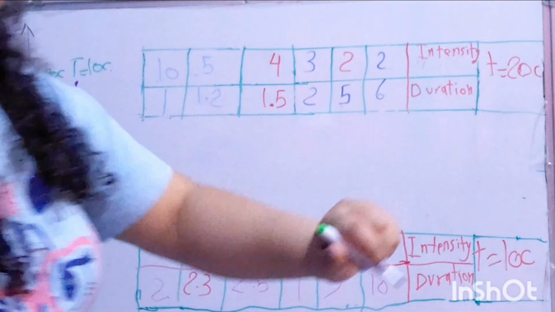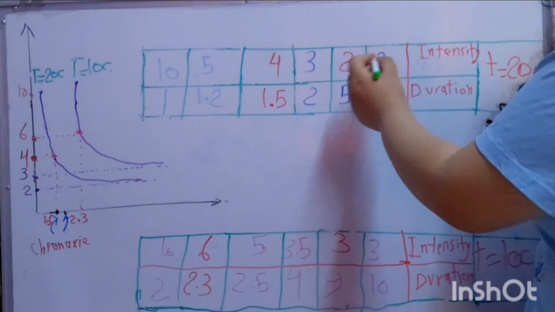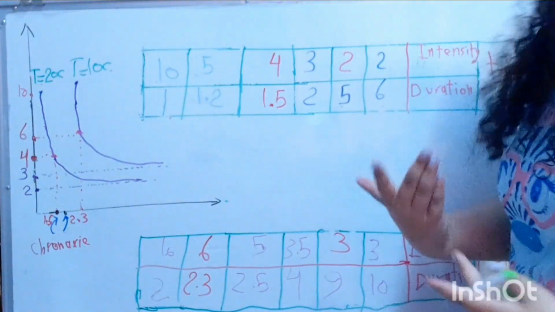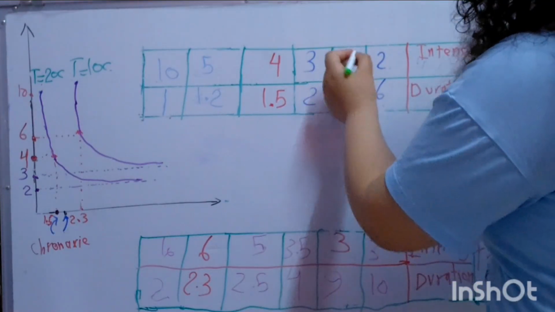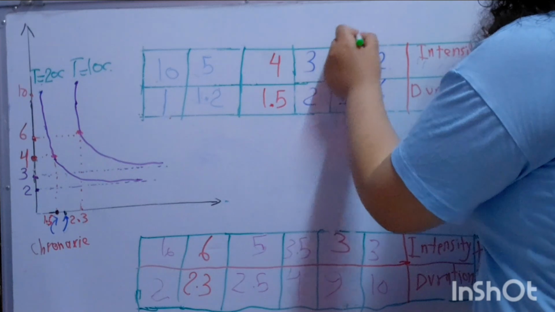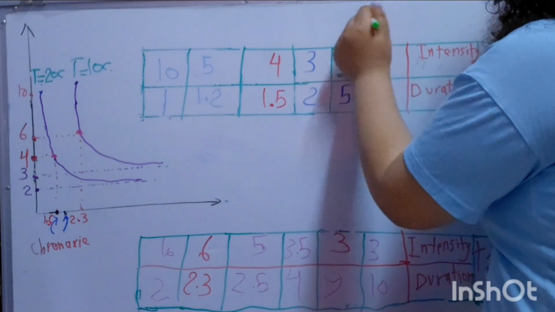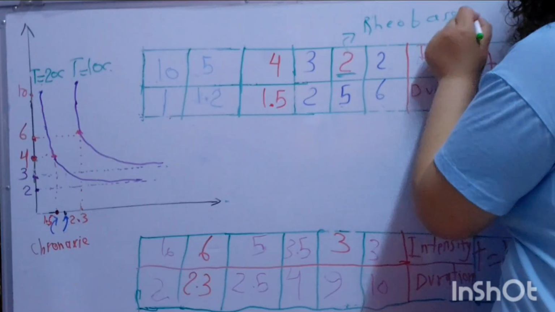Here you have the lowest intensity that we need in order to achieve an impulse, which is 2. And that means this 2 will be the Rheobase. So Rheobase equals 2.